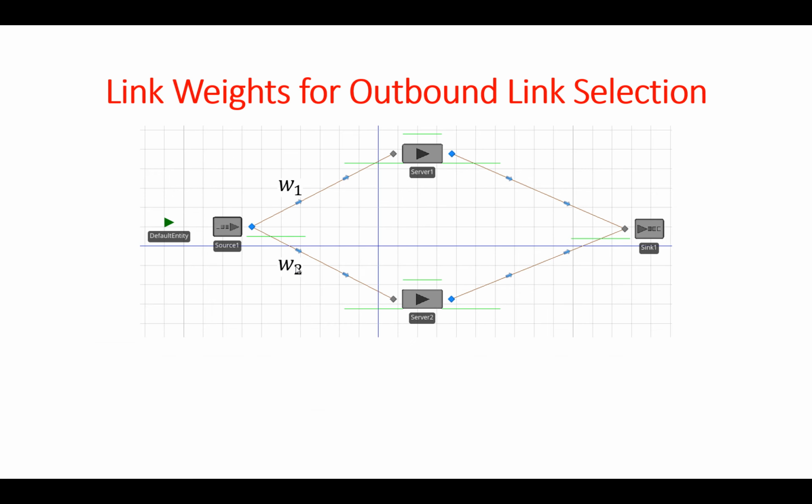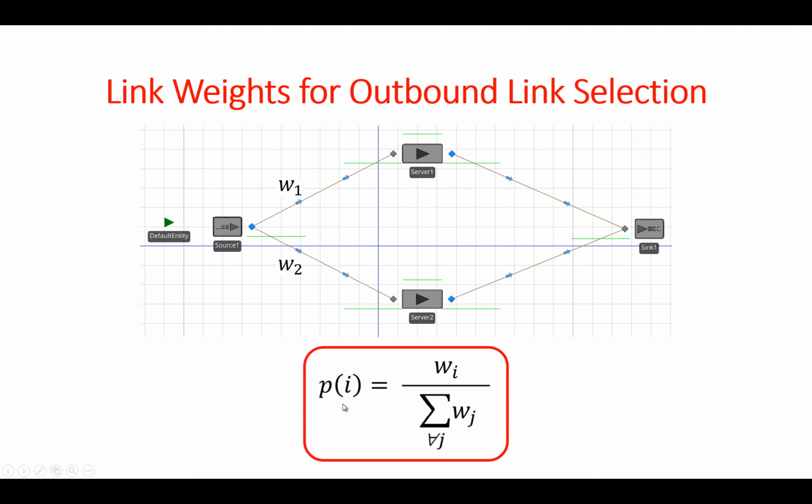So let me go back to my slides and have a look at this scenario here where I have two outbound links out of my transfer node, and each of these outbound links has a selection weight associated with it, and the formula that Simio uses looks like this. So the probability of path i being selected is based on its proportional selection weight.